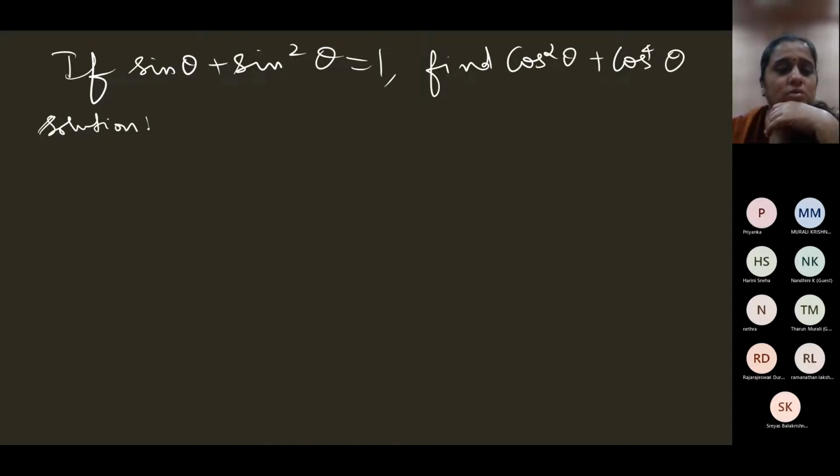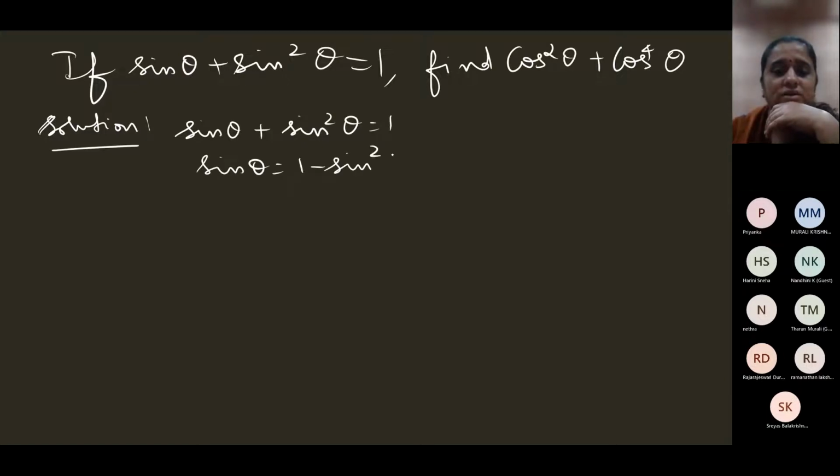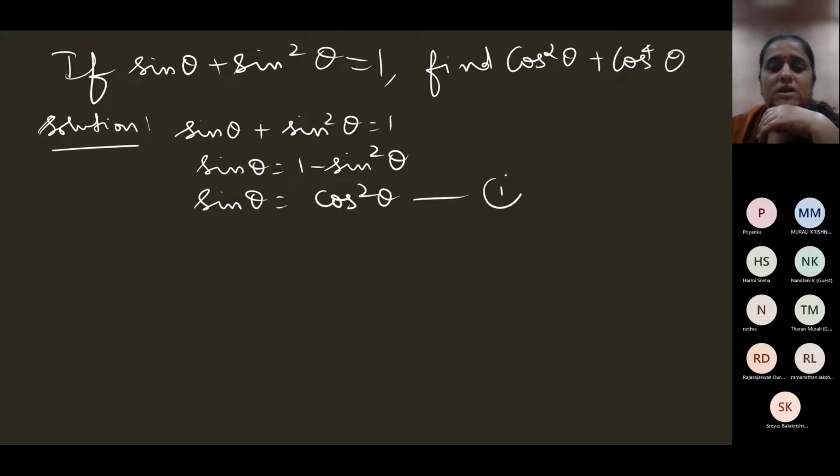Sine theta plus sine squared theta is equal to 1. So what is sine theta equal to? 1 minus sine square theta. Now tell me next what? 1 minus sine theta is equal to cos square theta. Yeah, so sine theta is equal to cos square theta.